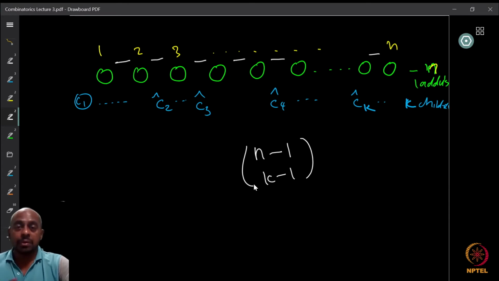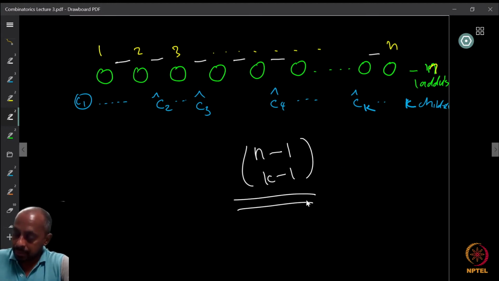Each choice corresponds to a composition, and every composition corresponds to one of these choices, so this is a one-to-one correspondence, and we get that the number of possible compositions of n into k parts is n minus 1 choose k minus 1, right?